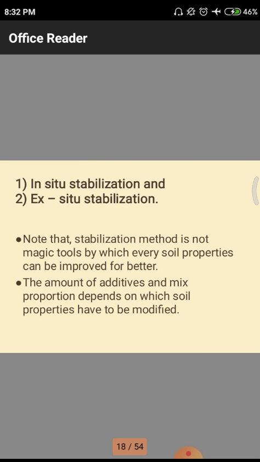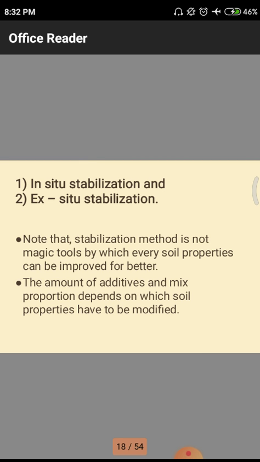These tools improve soil properties for better conditions. That means in the previous state the soil had very weak properties, and after using these stabilization or grouting parameters, the strength of the soil increases. Why? Because it is not magic, it is an engineered principle, so we get a good amount of strength in the soil.